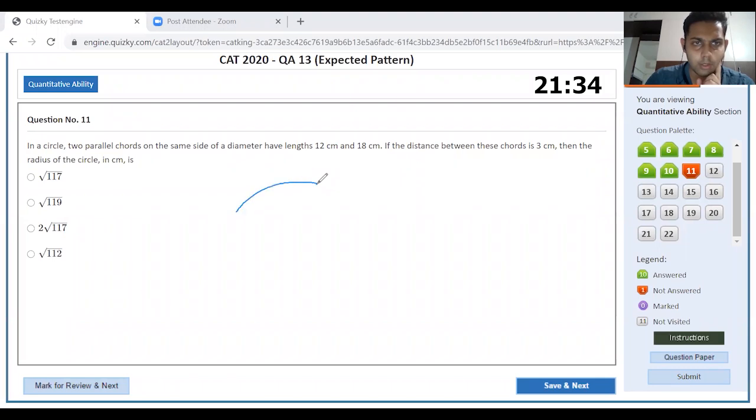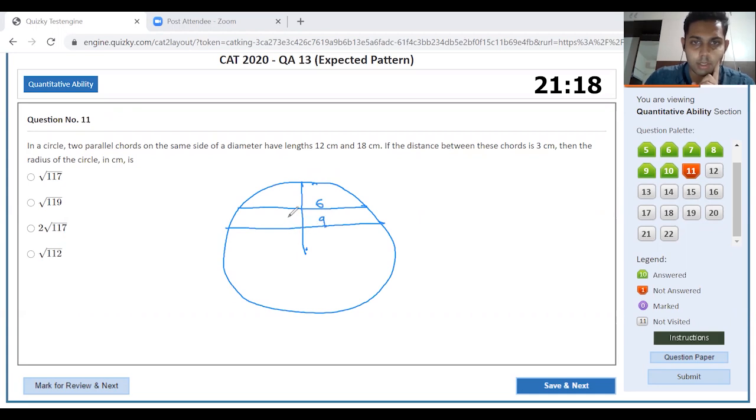Two parallel chords, same side of the diameter, having lengths of 6 and this will be 9, right? This is 3. This is r minus 3, then automatically. And this is r and this is r.